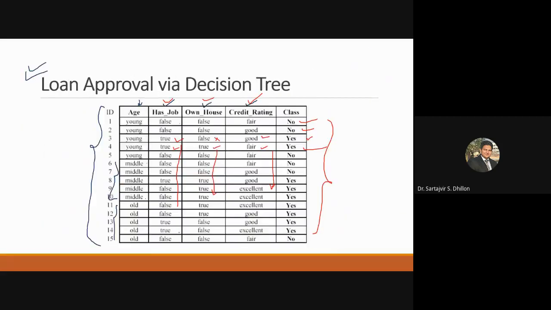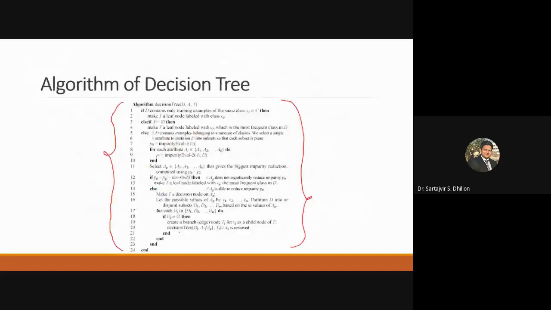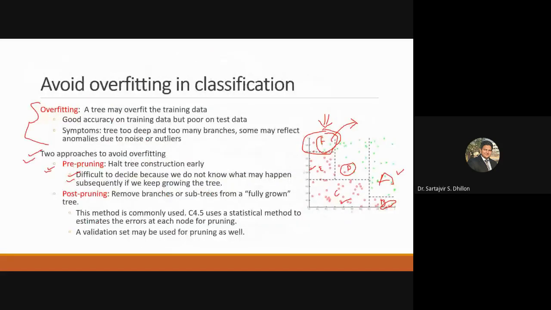So if we avoid the overfitting problem with this one, then definitely we will get some poor results. And post-pruning removes the branches and subtrees from the fully grown tree. Yes, you can do it with this method.